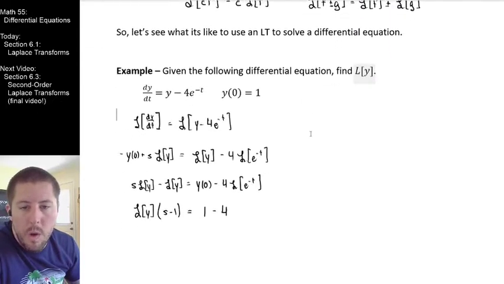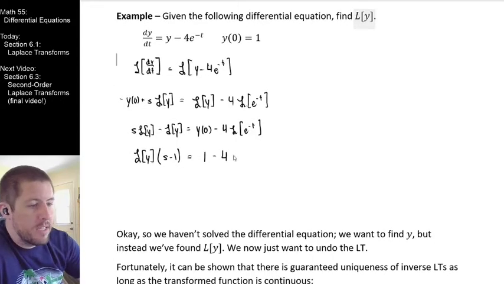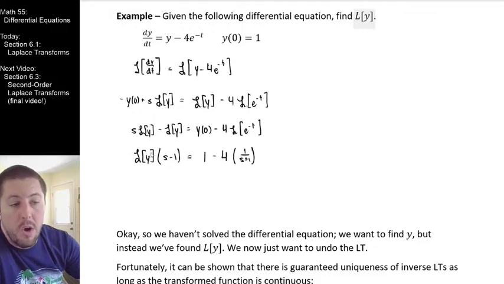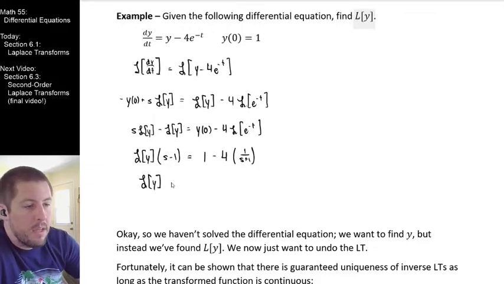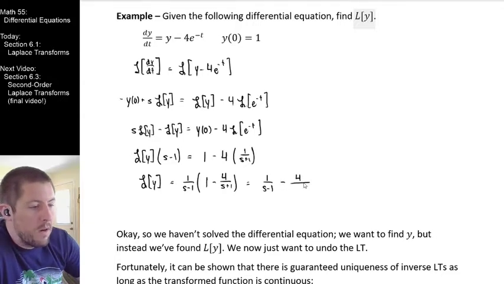So 1 over s plus 1 is what we're getting from this Laplace transform. And so I've basically solved for L of y here. The Laplace transform of y should be equal to 1 over s minus 1 times 1 minus 4 over s plus 1, which I could then write as 1 over s minus 1 minus 4 over s minus 1 times s plus 1.